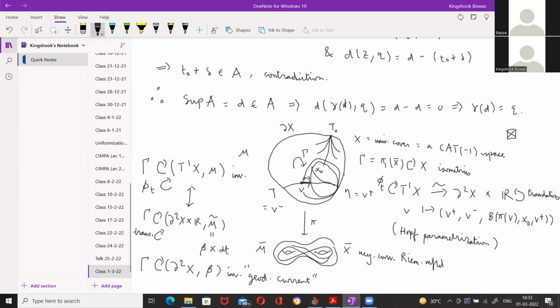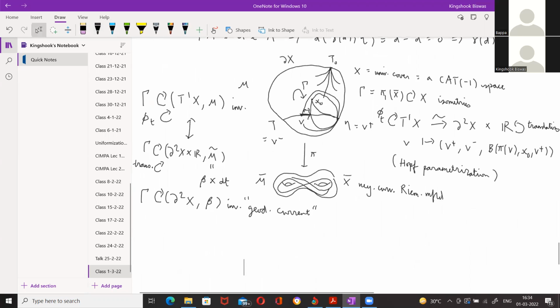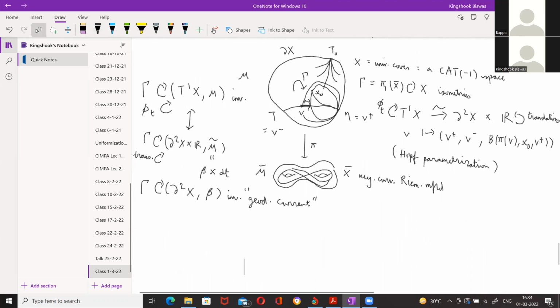And then amongst all invariant probability measures, you can show that there is a unique invariant probability measure which maximizes the measure theoretic entropy. Okay, there is a measure of maximal entropy, and that is a special measure. That is called the Bowen-Margulis measure.